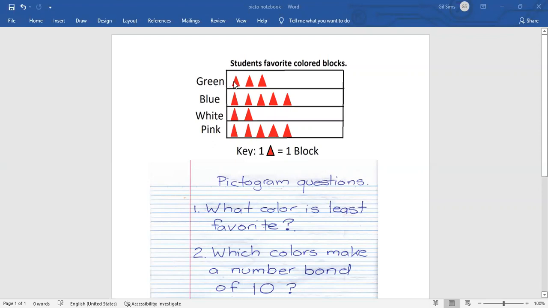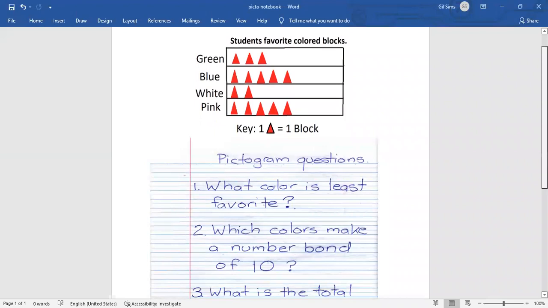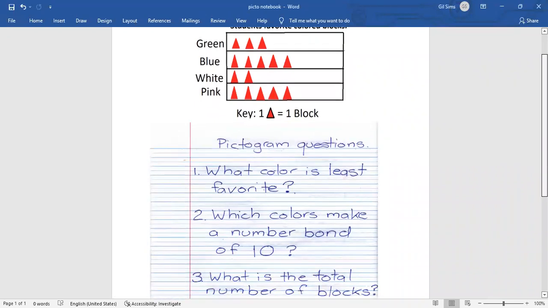We had green, 3, blue, 5, white, 2, pink with 5, and we said that one red triangle equals 1 block, wasn't it? This shows students' favorite blocks. Okay, let's go through them.